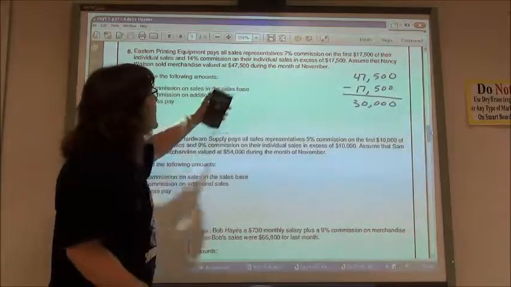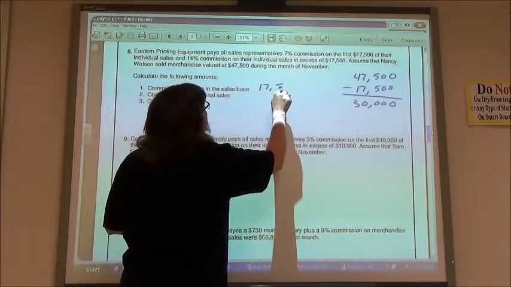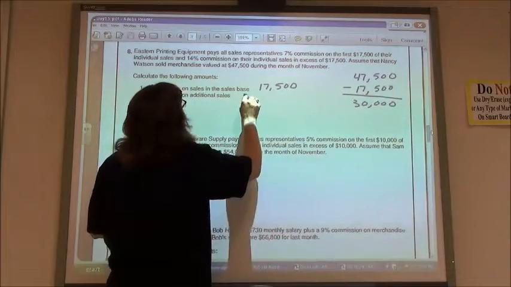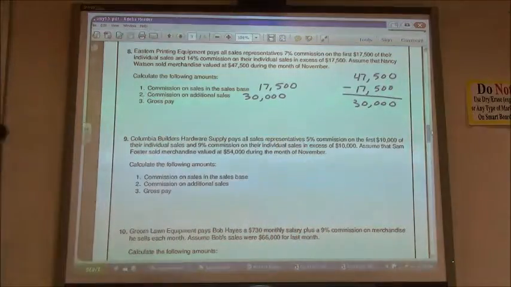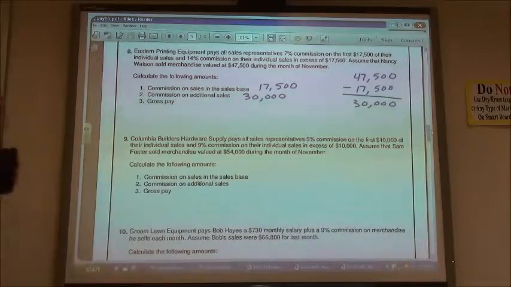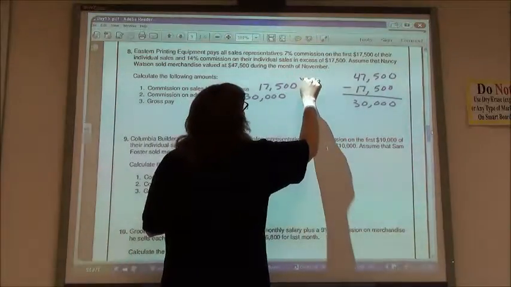So on the sales base, we have the $17,500 for the base. On the additional amount over that, we have $30,000 for a total of $47,500. On the sales base, we receive a 7% commission.